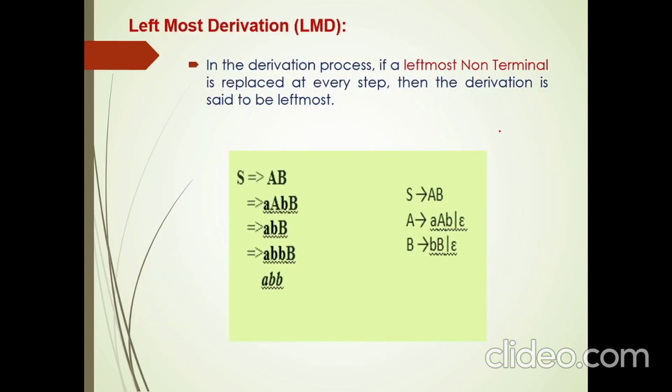Next, what is leftmost derivation? In the derivation process, if the leftmost non-terminal is replaced at every step, then the derivation is said to be leftmost. As I explained previously, that was the example for a general derivation. Either you can replace the leftmost non-terminal or the rightmost non-terminal.